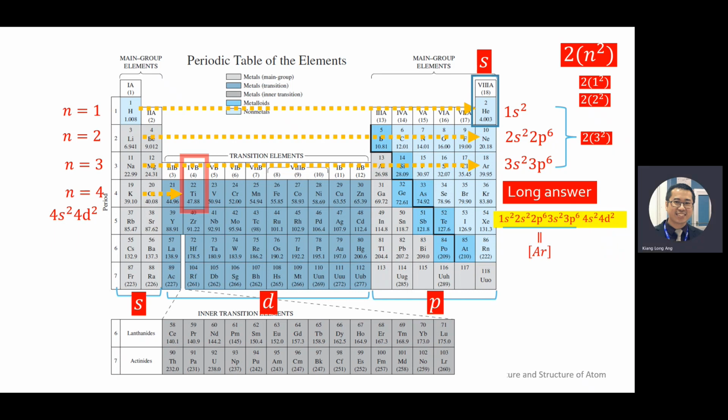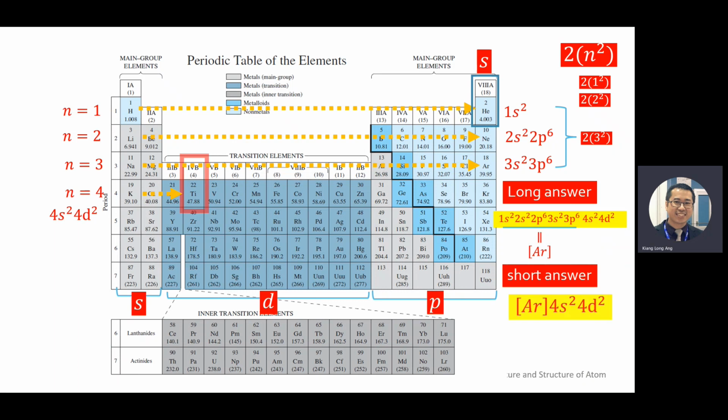So you can equate 1s squared until 3p6 to argon, so that you don't need to write so long, unless the question asks you to give a long answer. A long answer means the full electron configuration. But normally when it comes to the final, we will expect you to write the shortcut answer.